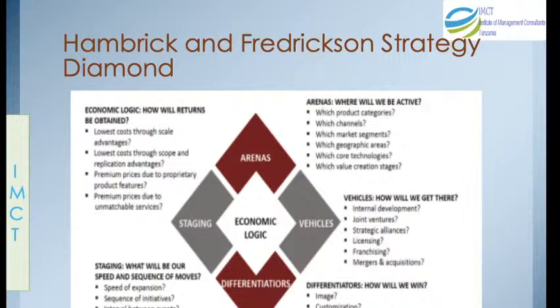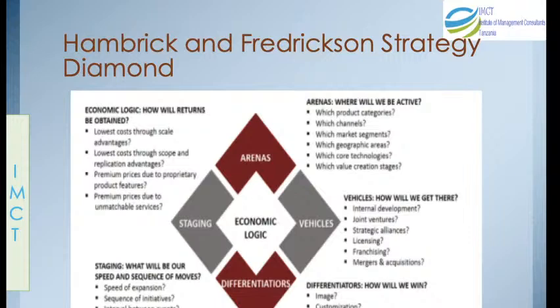You need to know that companies can achieve a sound and sustainable strategy by making proper choices in these areas. So you may see on the arenas: where will we be active? Which product categories, what channels, which market segment, geographical area, core technology, value creation. And number 2 is vehicles.